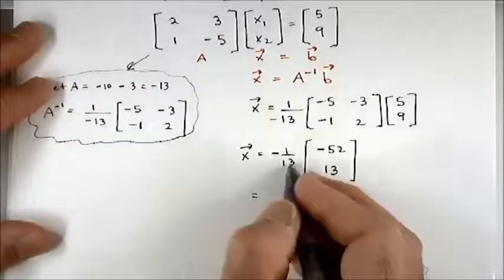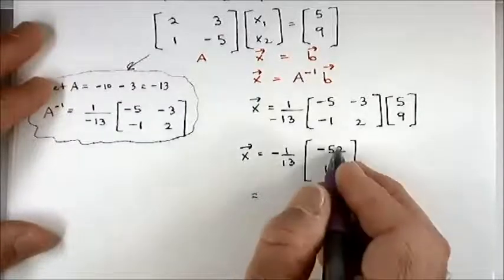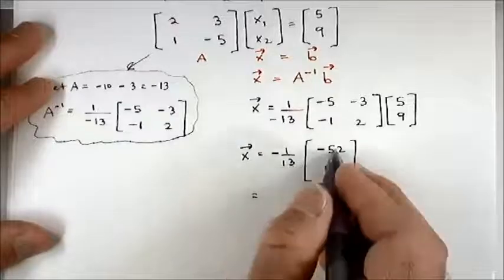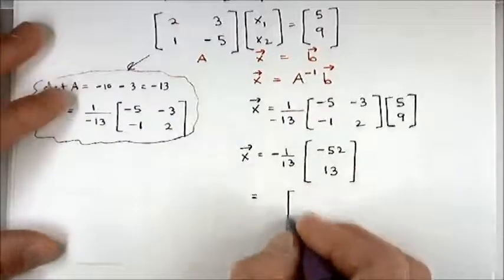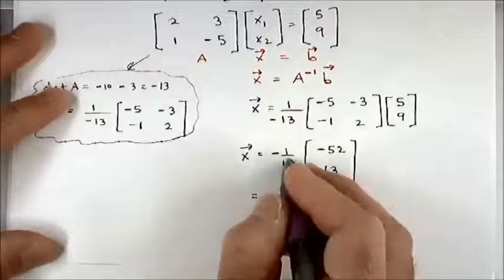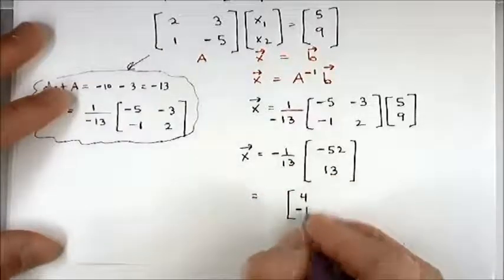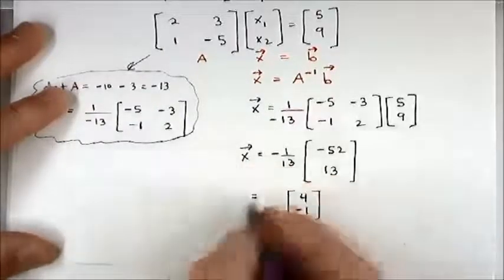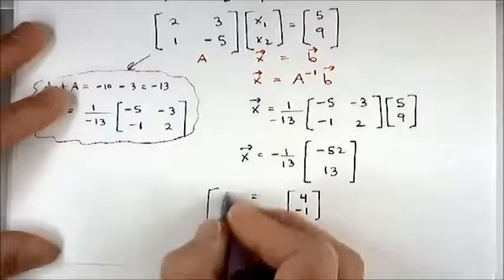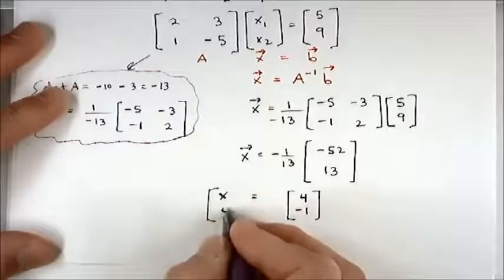Oh, perfect. And it just so happens 13 goes into 52 4 times. So -1/13 times -52 gives me 4. And of course, that times 13 gives me -1 would be my answer for X bar, which at this point, let's change that back to what it stands for. It stands for X and Y.